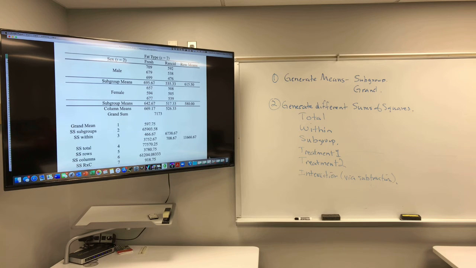That's sums of squares within now, not total. You had it in the right spot a minute ago, and then you moved it.